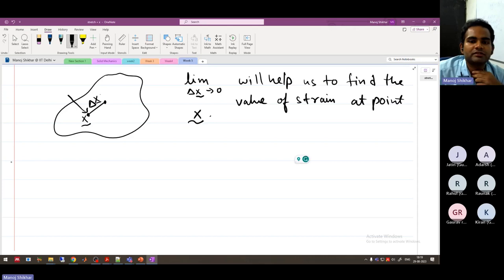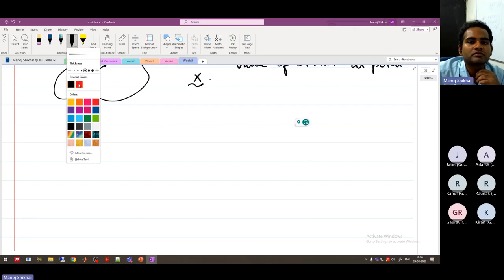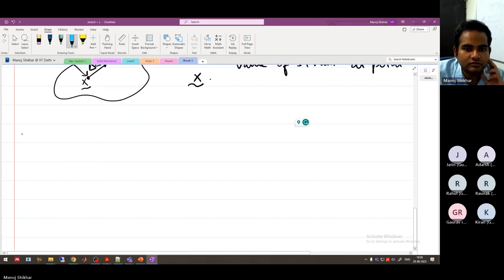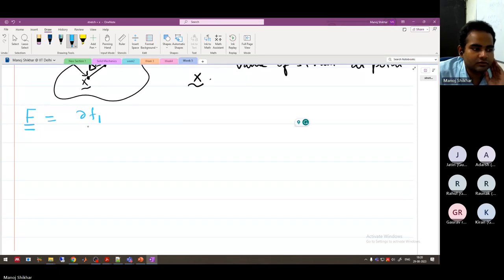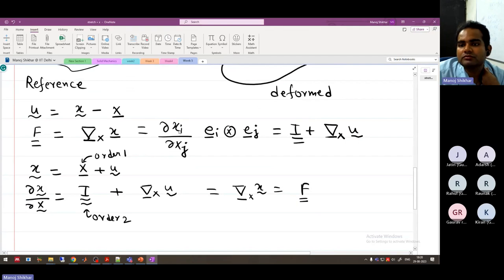So I'll just write the deformation gradient in matrix form because we will need that. Just for once, I will show you the matrix form so that you get to see. In matrix form, it will be del f1 by del x1. The row of the deformation gradient F is defined by the small x index, and the column is defined by the capital X index.